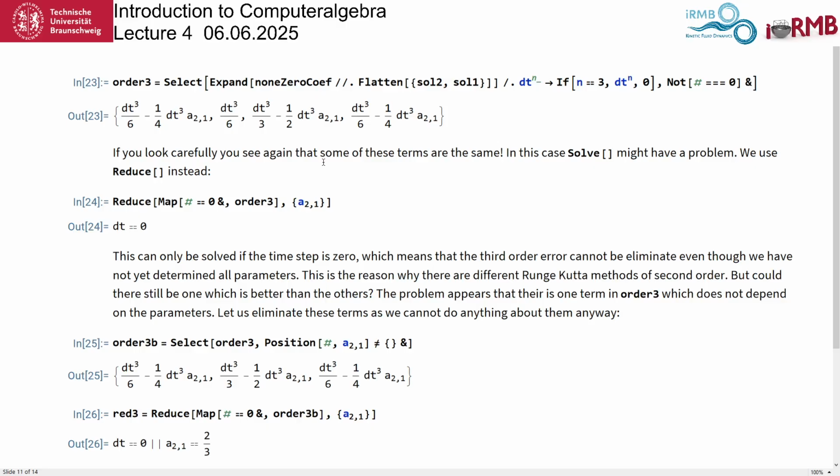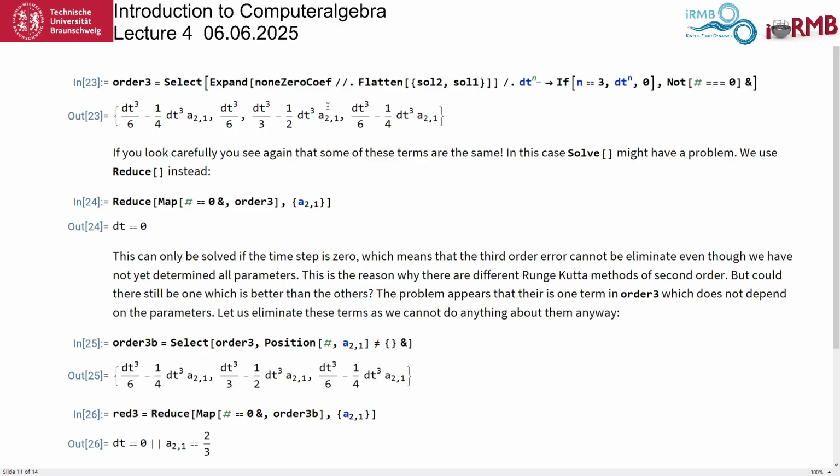How many permutations do you have to combine third order with t and y? You have t to the power of 3, you have y t to the power of 2, you have y squared t, and you have y cubed. So you have many terms.